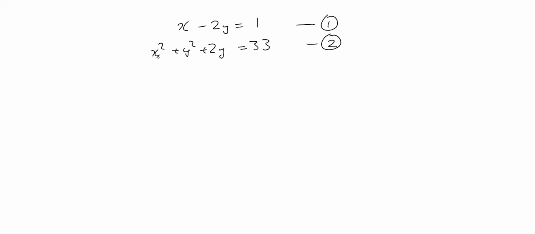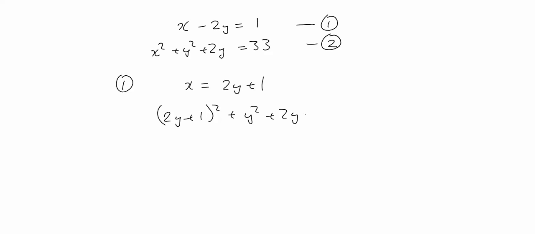eliminate that. So if we rewrite the equation 1 as x equals 2y plus 1, adding 2y to both sides, we can just substitute this into x squared in equation 2 to make 2y plus 1 squared plus y squared plus 2y equals 33.